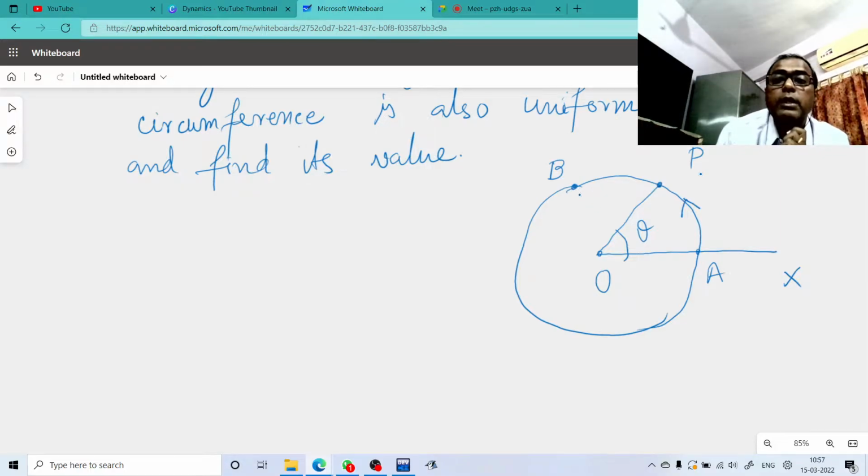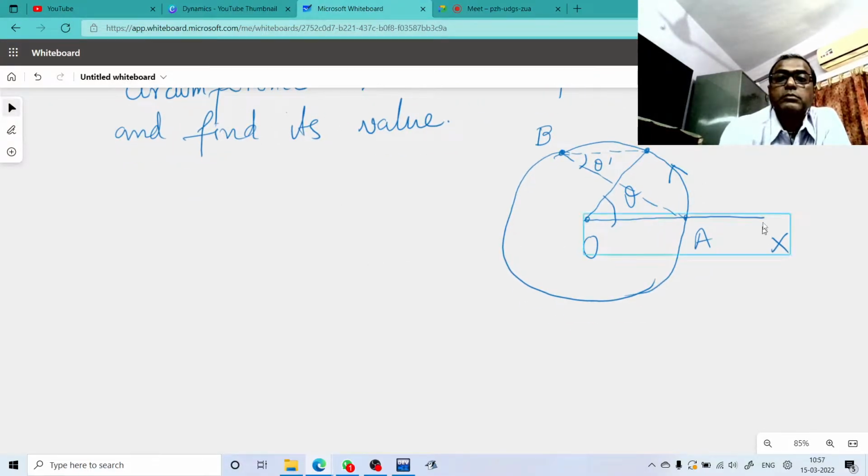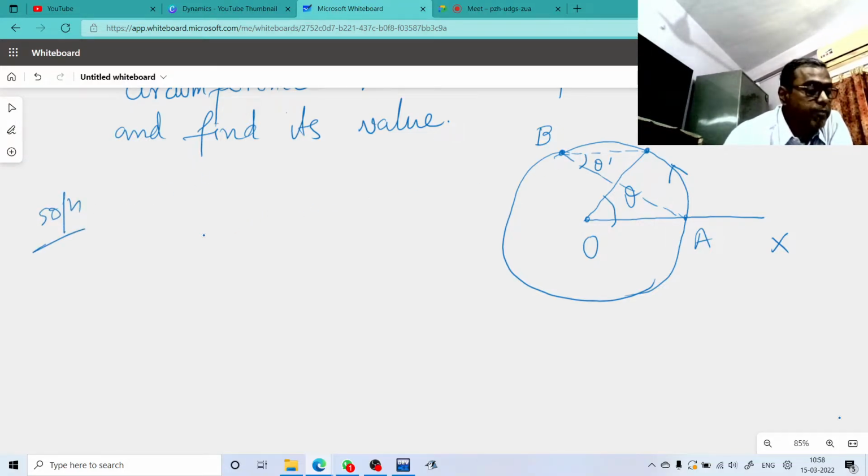We join this B and A. And this is the chord BP, and this angle is theta dash. Here P is the particle.